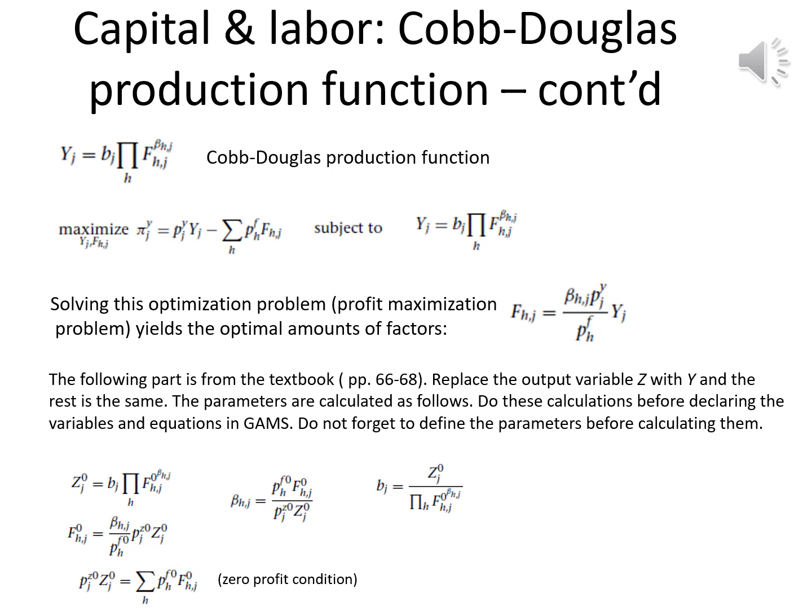J is bread and milk here, and we have F sub H. H is capital and labor, so you can get this also from the SAM easily. Just look at the factors, capital and labor rows, and industries, which is bread and milk columns. You can get this data from there as well.